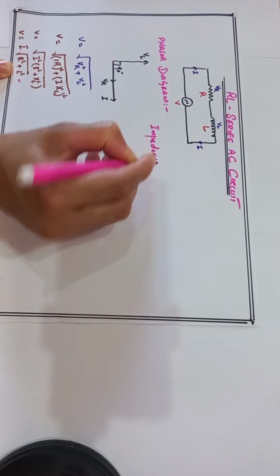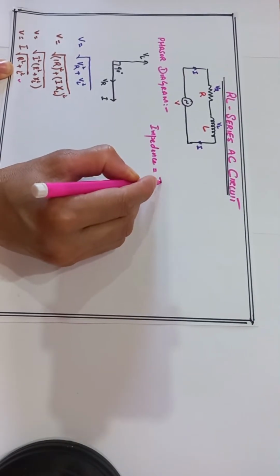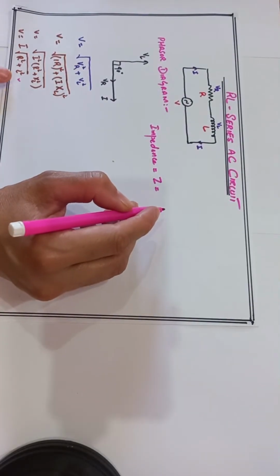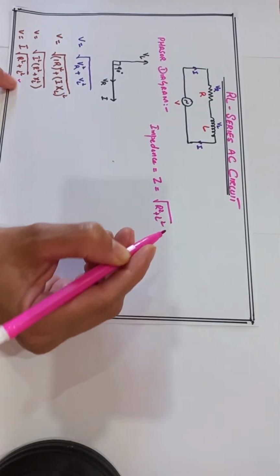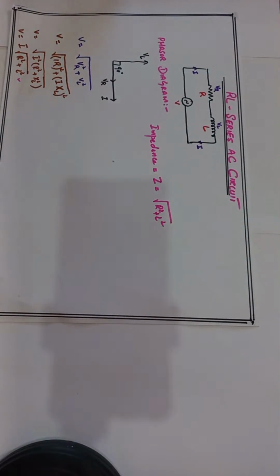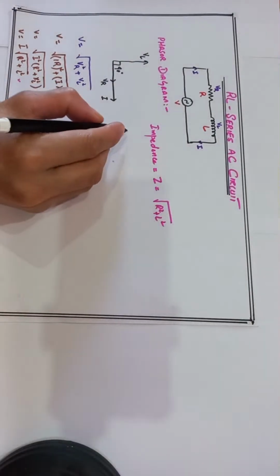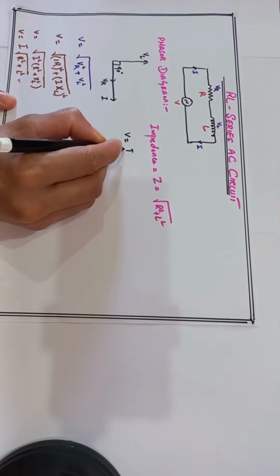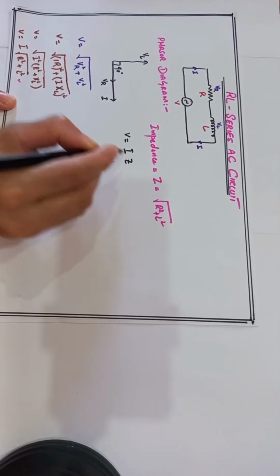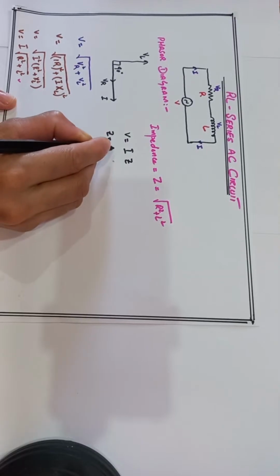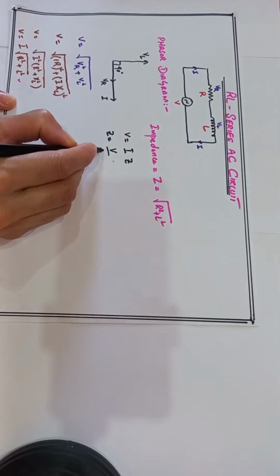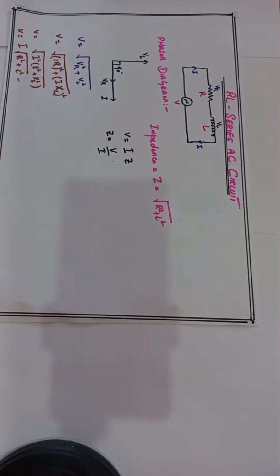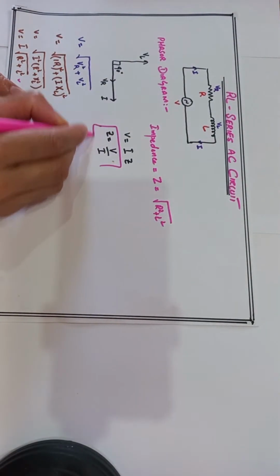The impedance is equal to the square root of R square plus XL square. So the formula becomes V is equal to IZ, and we can find the combined resistance of both elements by Z equal to the ratio V over I. That is the impedance of the RL series circuit.